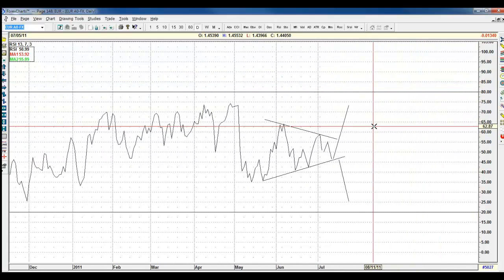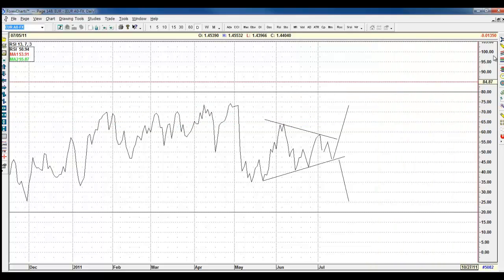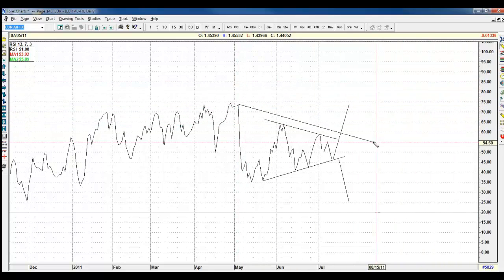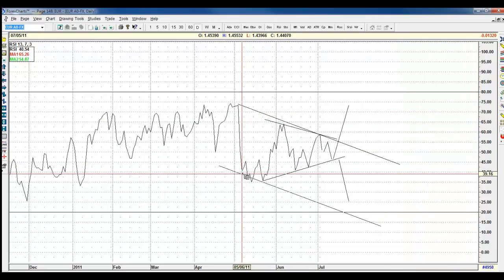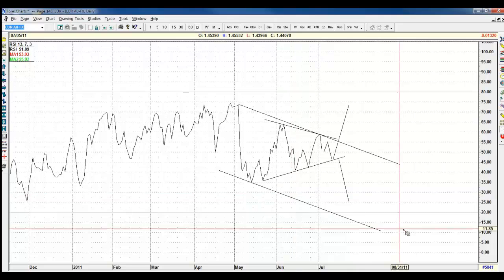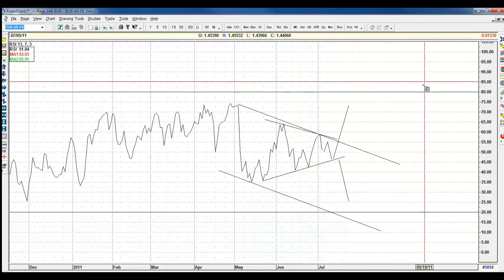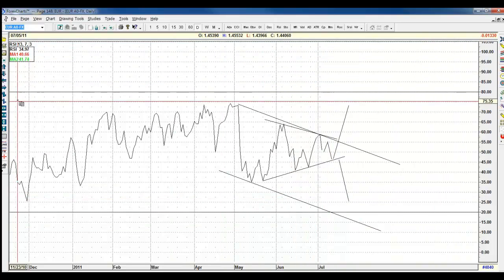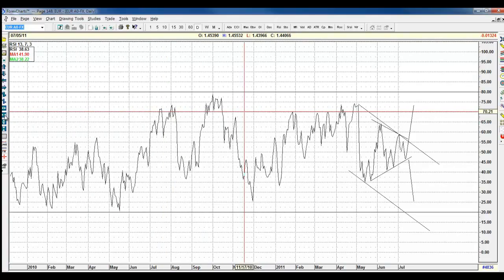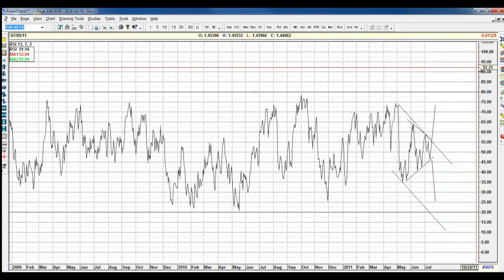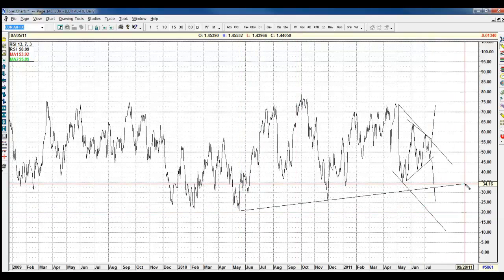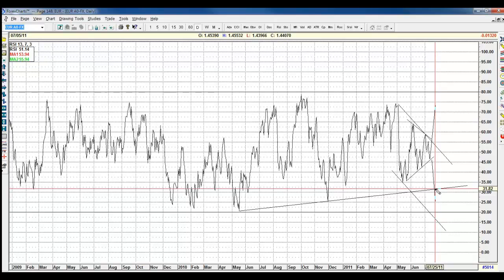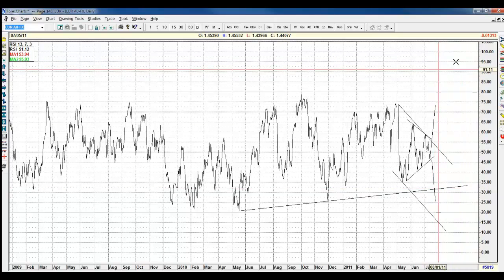That's been the case for the euro, and then you trace this trend line right here, and you postpone this trend line here, and this trend line should hold in order for that scenario to happen. Also, you can trace trend lines from the lows, like right here, that needs to hold like this area 30 or 32 to create a bullish euro.